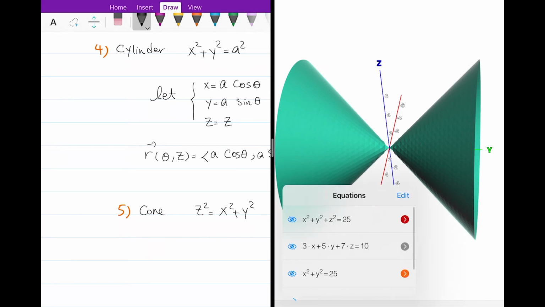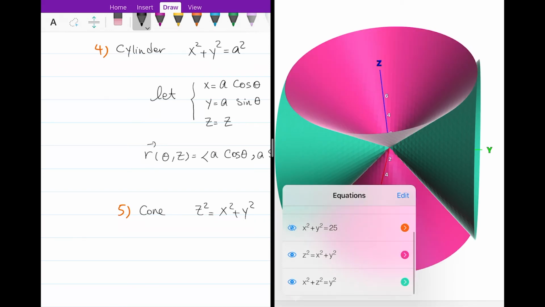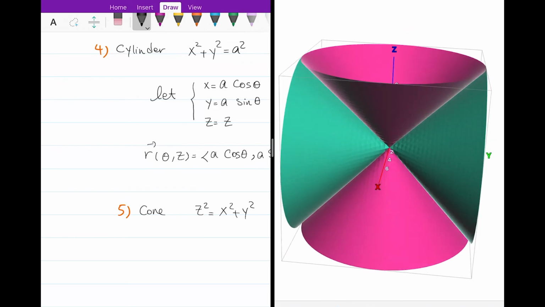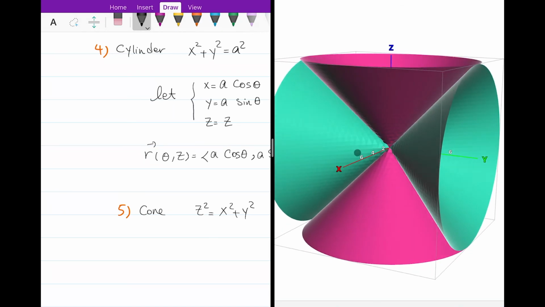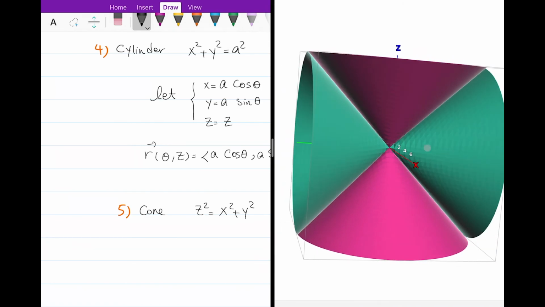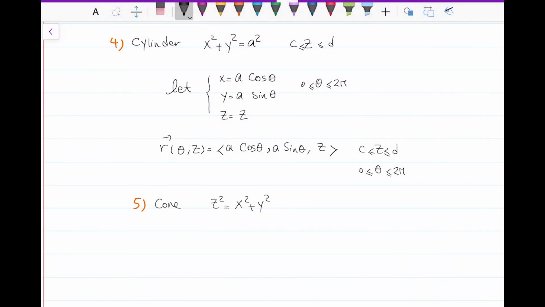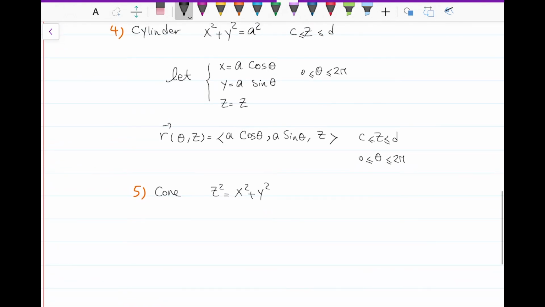The direction would be different than this one. Okay, so the pink one is z squared equals the sum of the squares of the other two, and on this one it's y squared equals that. Okay, now let me parameterize that.